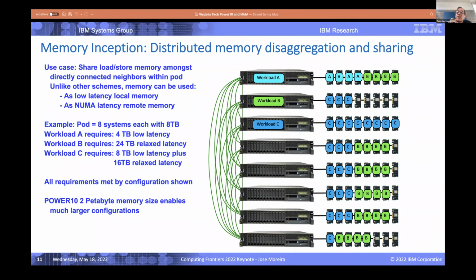The basic notion is that when we have an OpenCAPI interface, we have a virtual address. Actually, in the case of Power, it's an effective address, but you can think of it as a virtual address that we use to allow accelerators access to the memory inside a host.